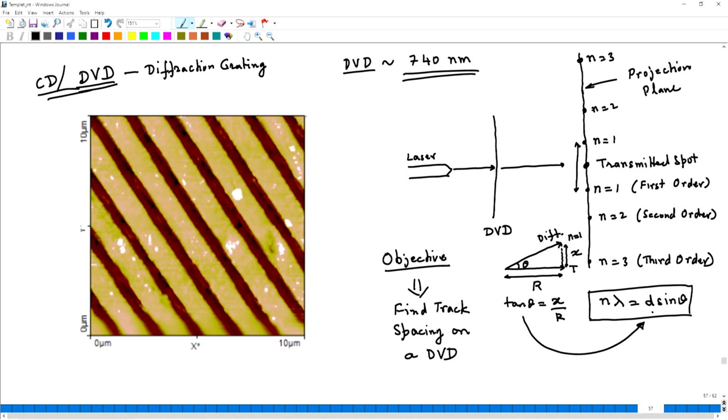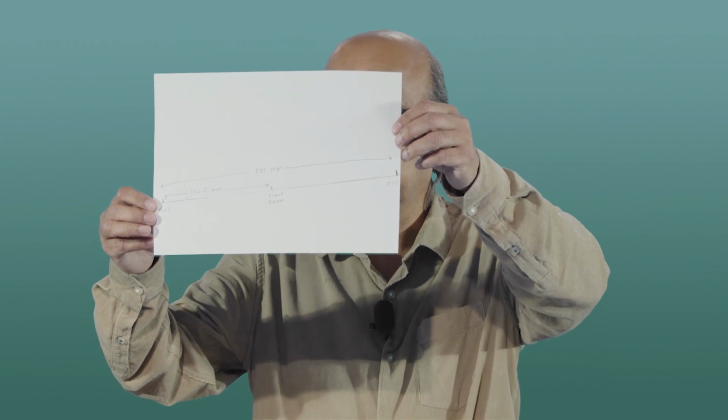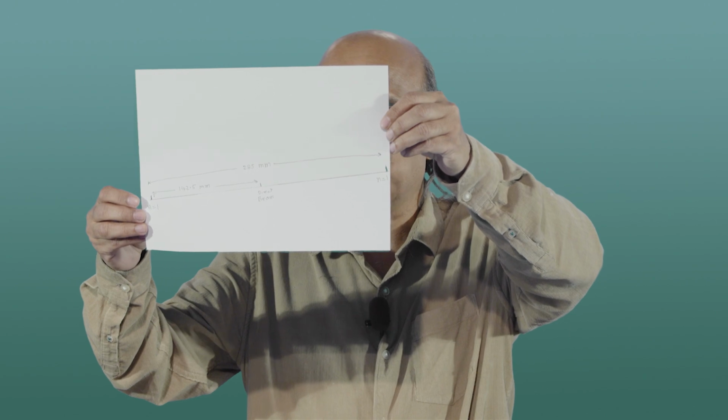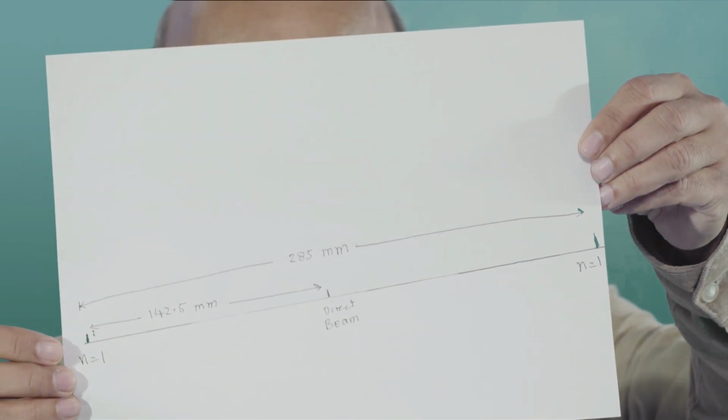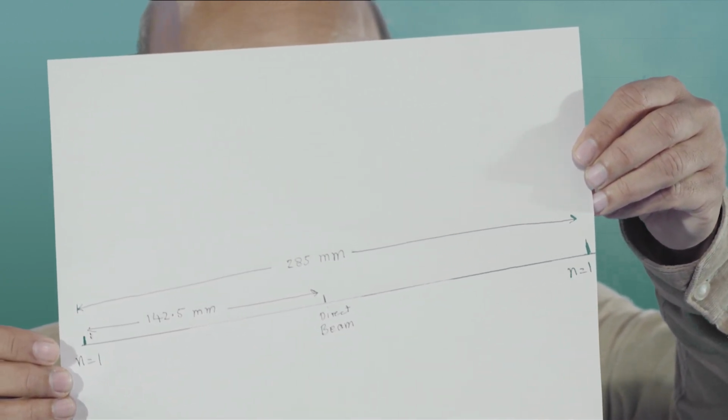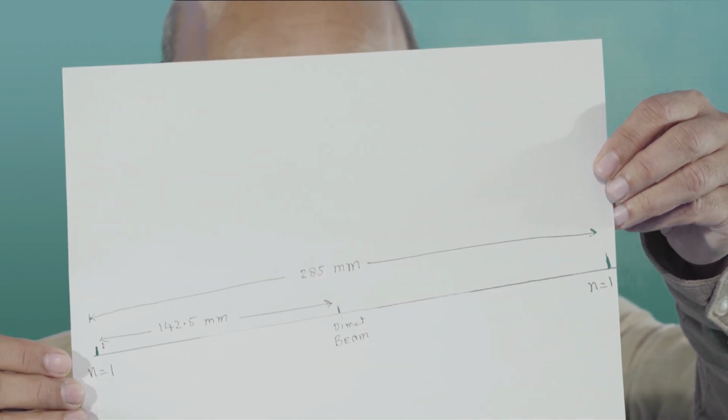So, let us go back and do the calculations now to look at what kind of track spacing I can get for a DVD. We did the experiment and we measured the distance between the two diffraction spots on either side of the central spot, or the transmitted spot, to get the distance between the diffracted spot and the transmitted spot.